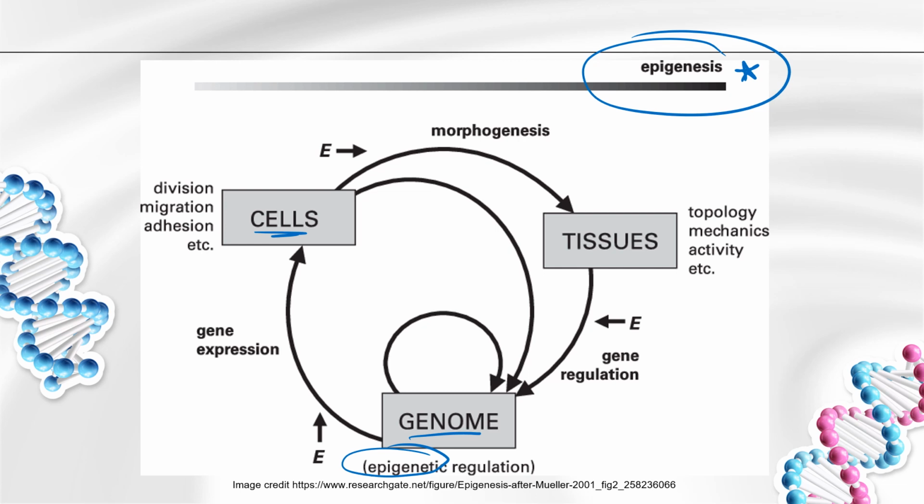These epigenetic tags affect the genome, activate some genes, deactivate others, and that leads to some cells turning on some genes and not others. Having different proteins produced in the cell is going to lead to morphogenesis, the generation or the production of different shapes of cells or structures, and that's our differentiation.